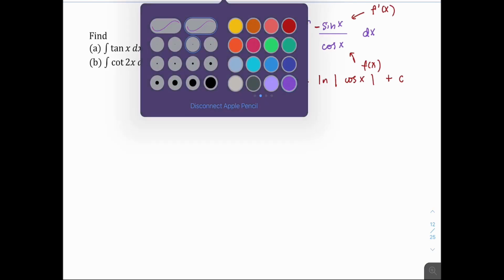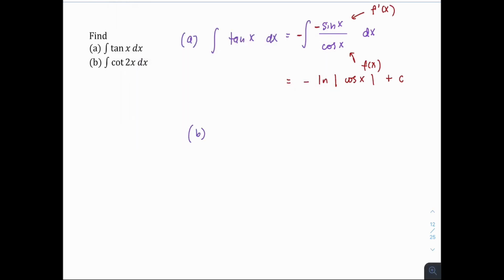And what about cotangent? Integrate cotangent 2x. The method is actually the same. You just need to express the cotangent as a fraction. So cotangent 2x is equal to cos 2x over sine 2x. Now let's differentiate the bottom part, sine 2x.